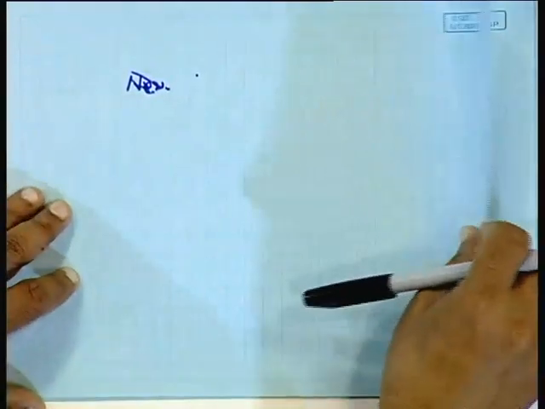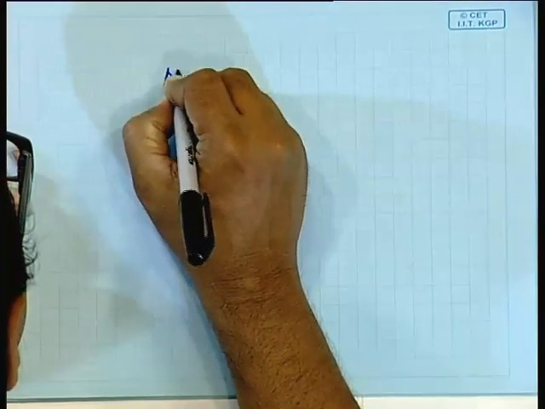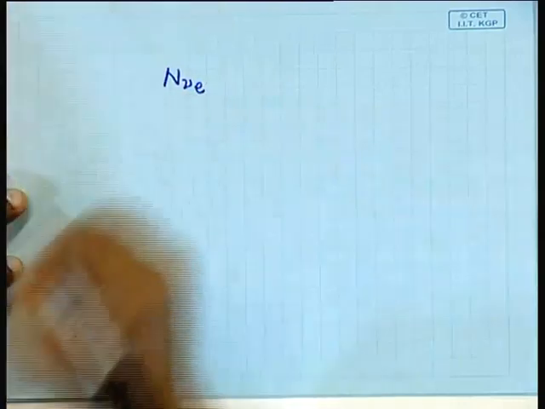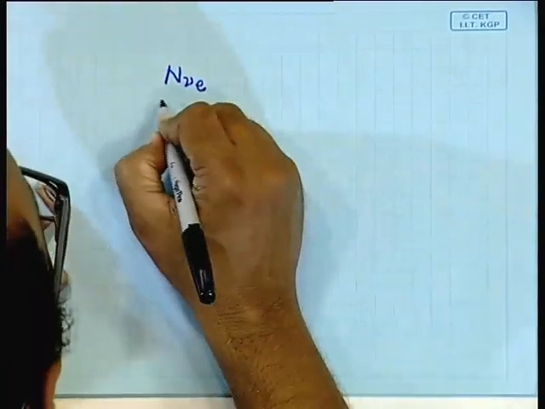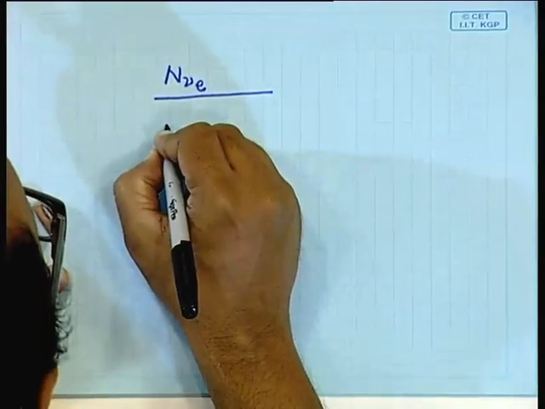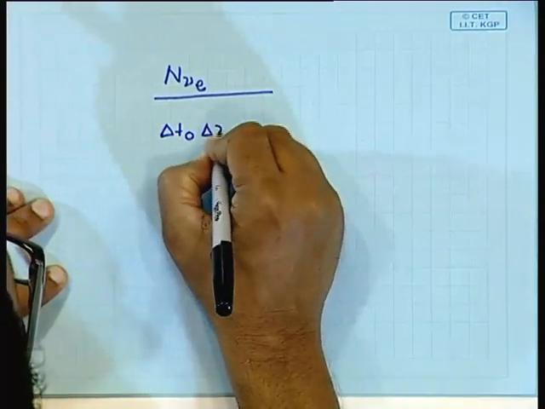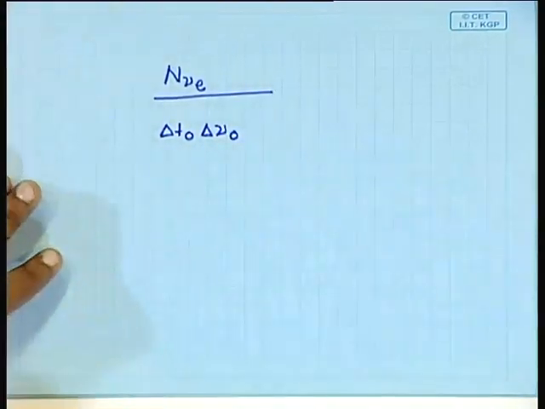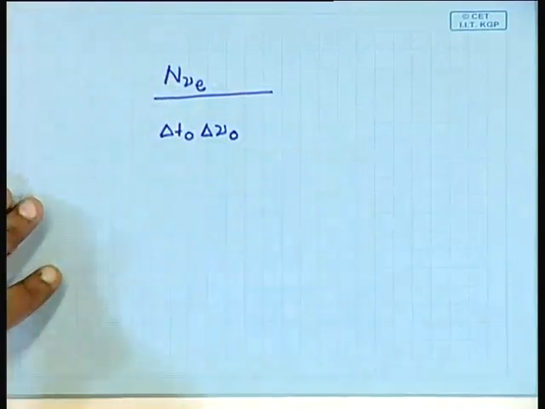So, the number of photons that will be observed is N nu e, that many photons. They will now be observed over a time interval delta T observed and frequency interval delta nu observed. Now, these photons will each carry energy.